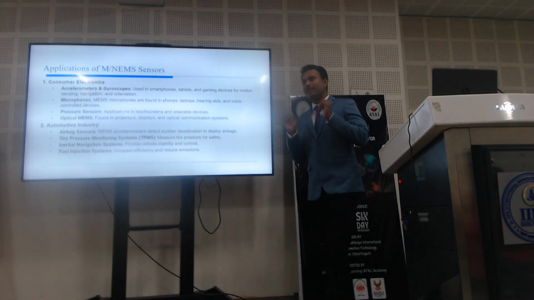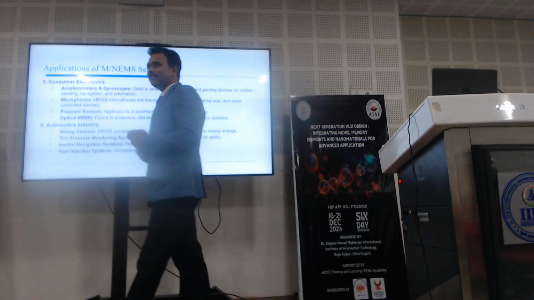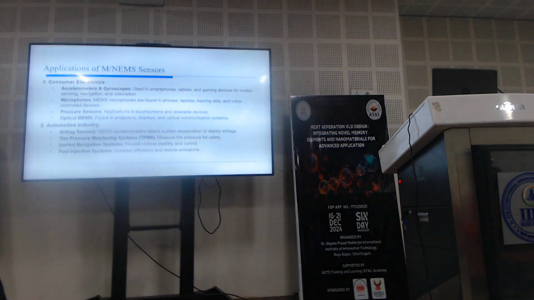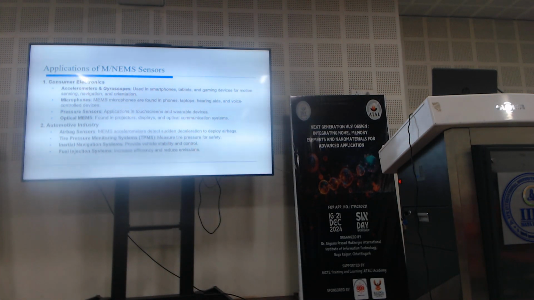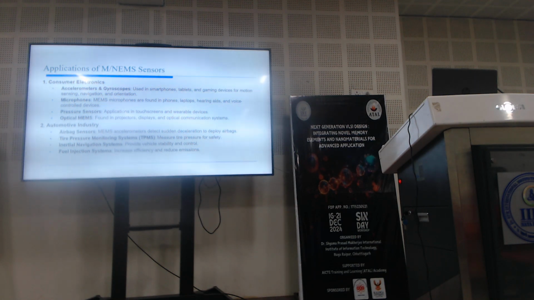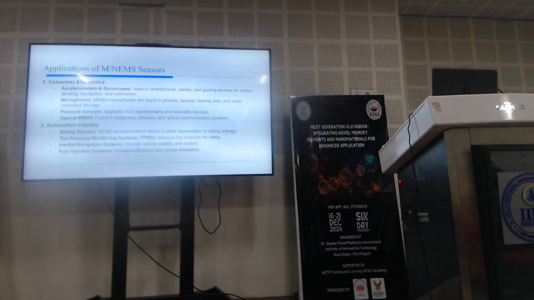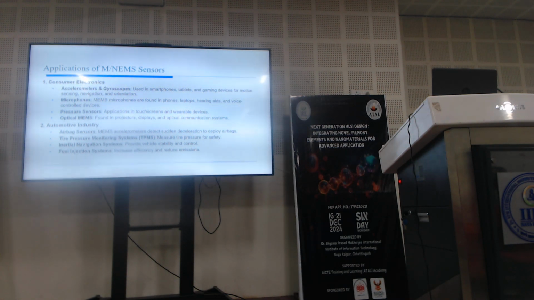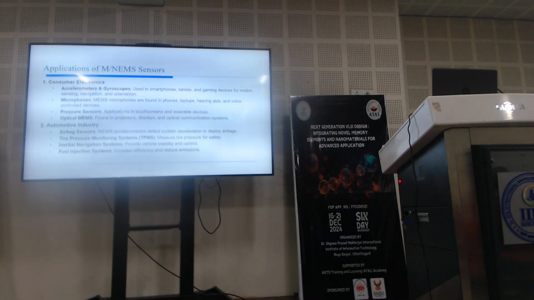And now we will discuss the different applications where we are using MEMS. Then we will understand where we can work in different domains, right? Coming to the first one, that is consumer electronics. Nowadays our mobiles have many kinds of MEMS sensors. Whenever we rotate the mobile, it works with the gyro and accelerometer, right?